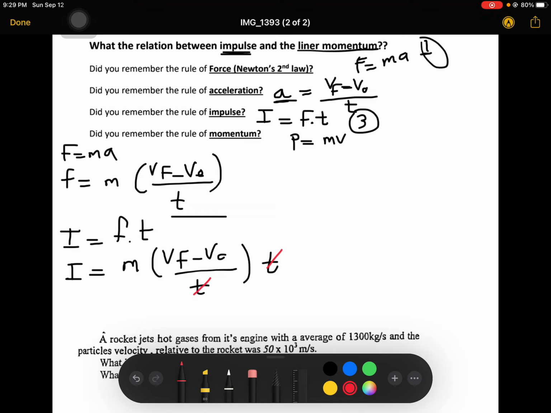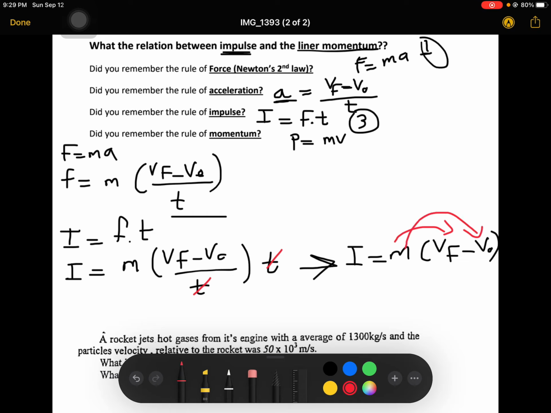Now we can cancel t with t to have impulse equal m times vf minus v naught.